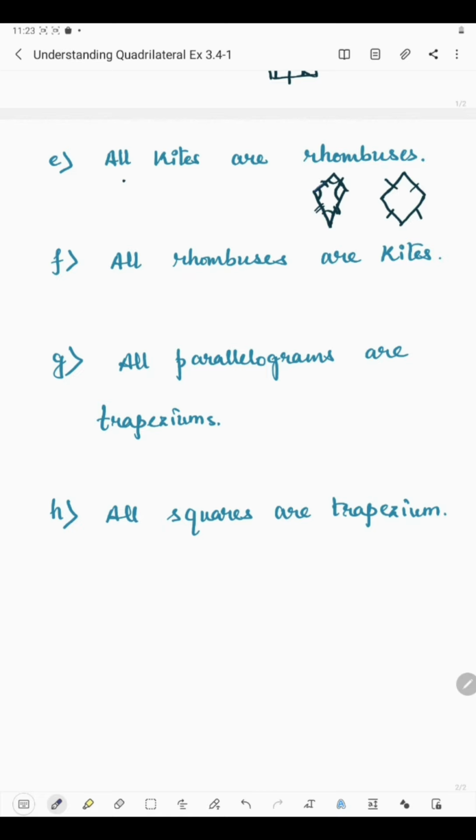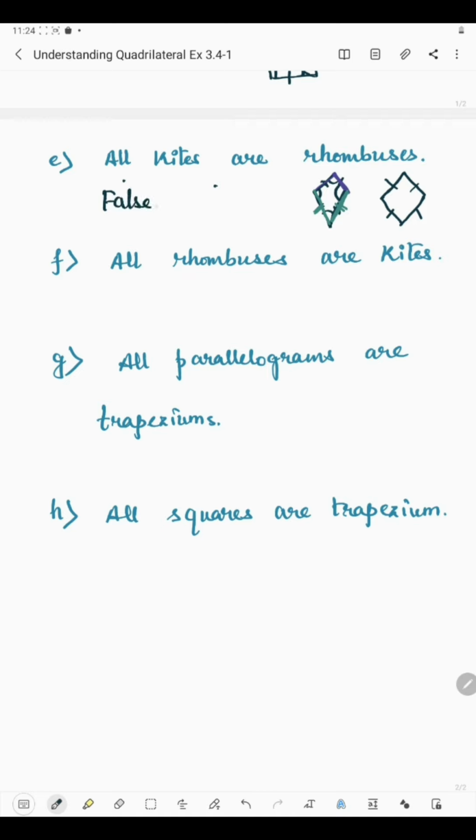In kites these two sides are smaller and these two are equal, and these two are larger and these two are equal. But in a rhombus all sides are of equal length, so all kites cannot be rhombuses. Okay, so this statement is false.